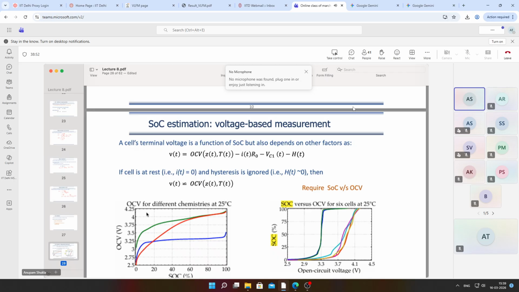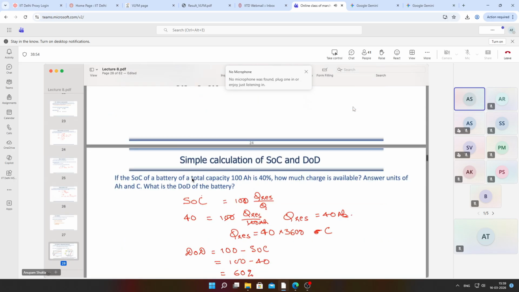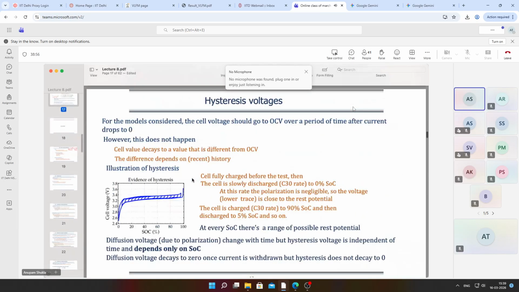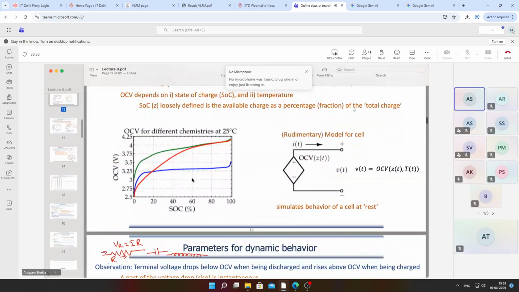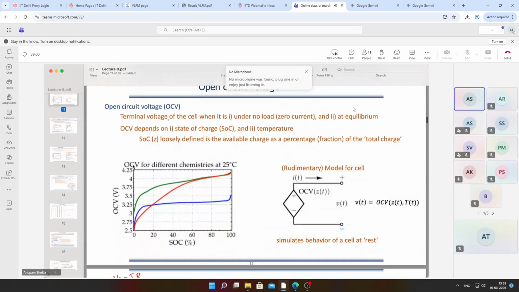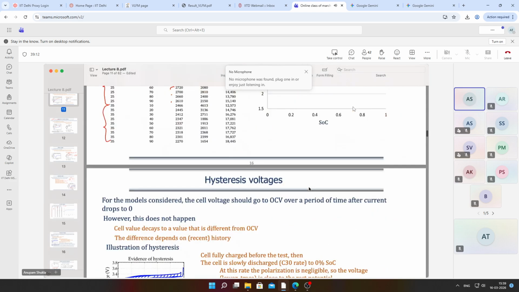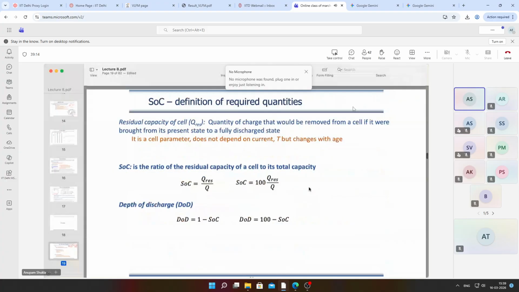If you recall, this was the first model that we developed, or that we started to discuss when we started talking about the equivalent circuit model. So this was the slide we started with: cell, OCV, cell at rest, and then we said that the equivalent circuit model is very simple like this. So we are basically going back there.